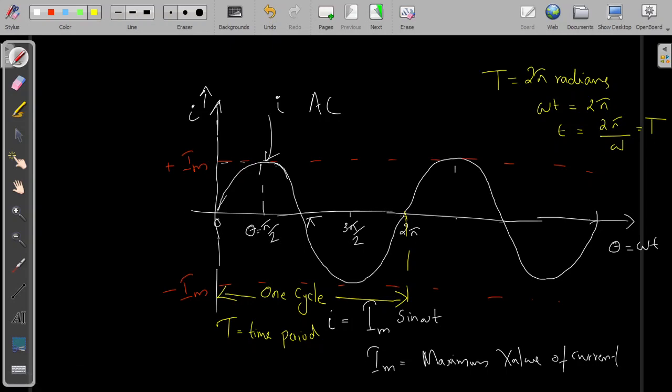That is one cycle expressed in seconds, and time expressed in this way is known as the time period.